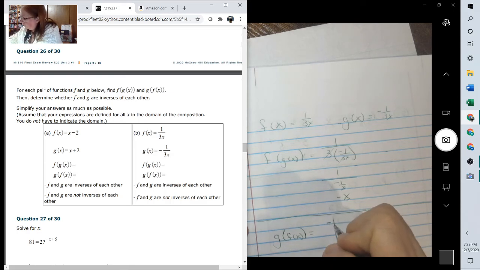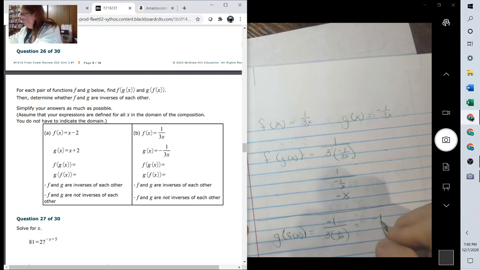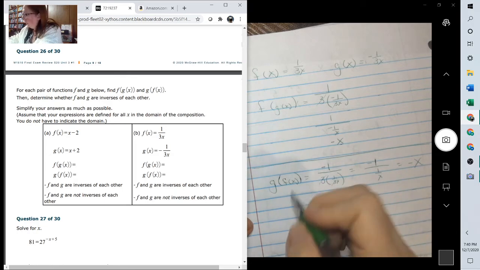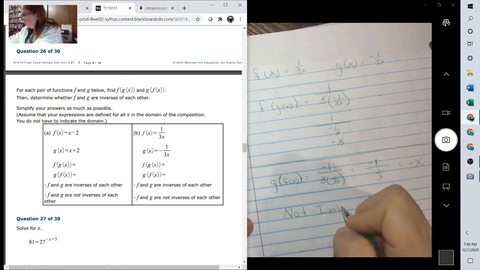It's negative 1 over 3 times 1 over 3x. The 3's cancel. Negative 1 over x. Flip the bottom and multiply, and you get negative x. Because I didn't get positive x, they're not inverses.